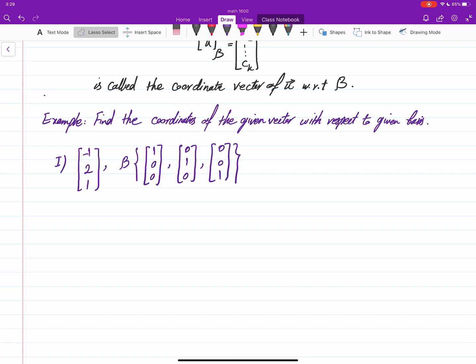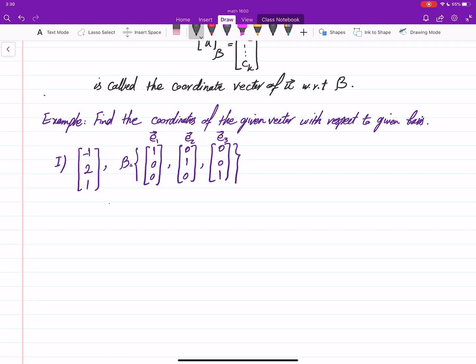We have a vector -1, 2, 1, and the basis here is 1, 0, 0, 0, 1, 0, 0, 0, 1. Remember that these vectors are E1, E2, E3, the standard orthogonal vectors in R3.